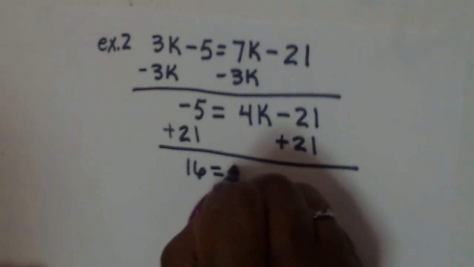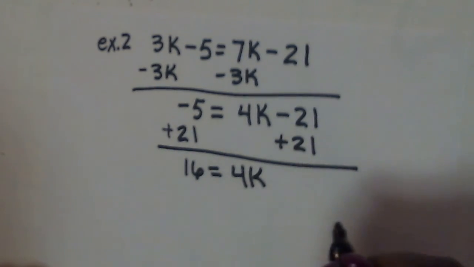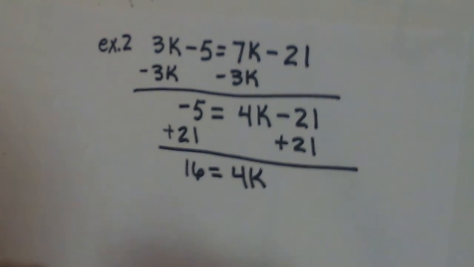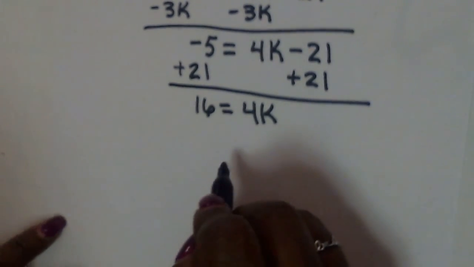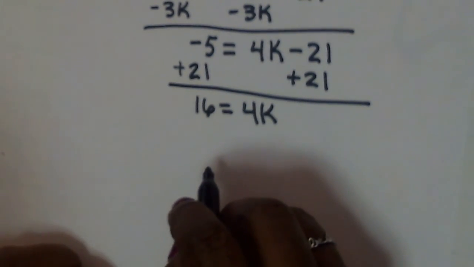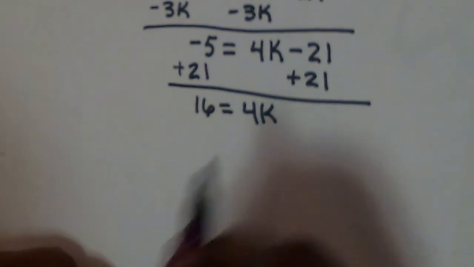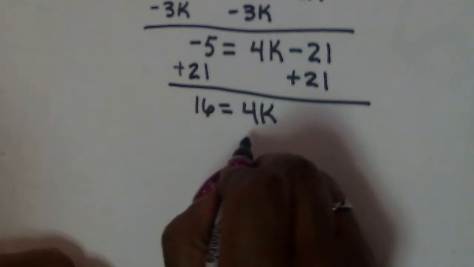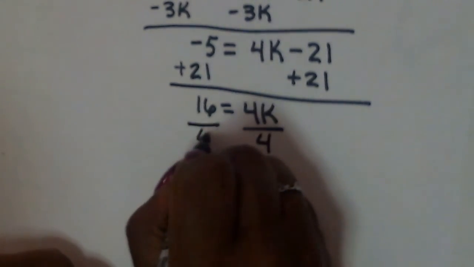I'll bring the 4k down, and 21 minus 21 is 0, so I don't need to write it. I have it down to one step. I'm going to use the multiplicative inverse or the opposite operation. And since this is 4 times k, I will be dividing, which is the opposite of multiplication. So I will divide 4 on both sides.